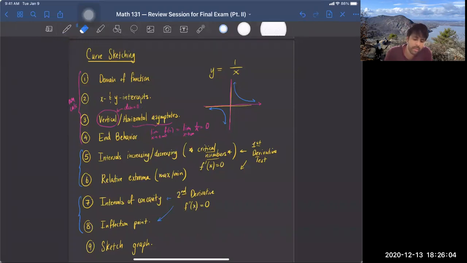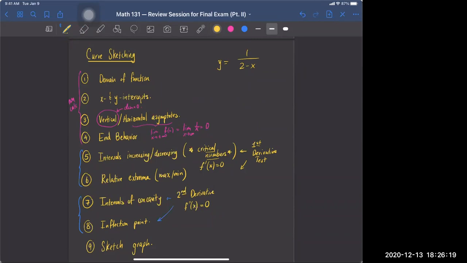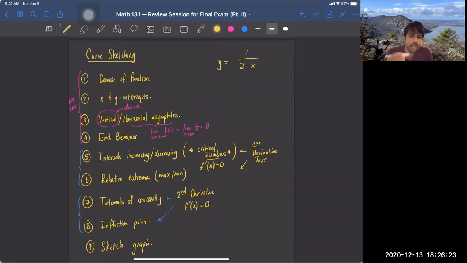Let me give you another example. If I say y equals 1 over 2 minus x, and I take the limit as x goes to infinity, I still get 0. So the horizontal asymptote would be y equals 0. But in this case, the vertical asymptote comes from the fact that 2 minus x equals 0, which means that x equals 2.